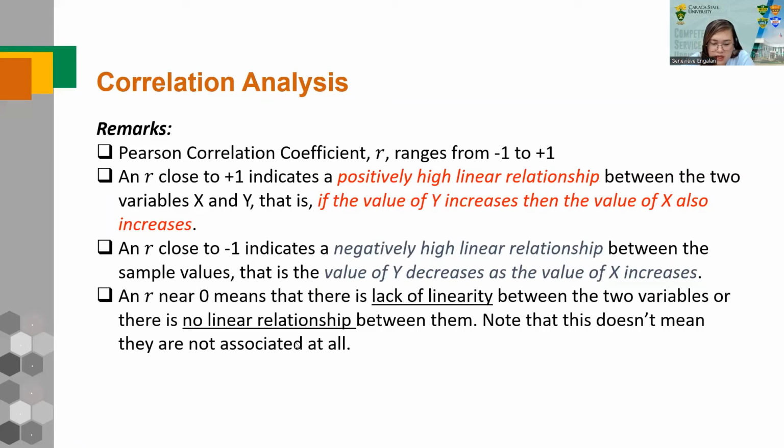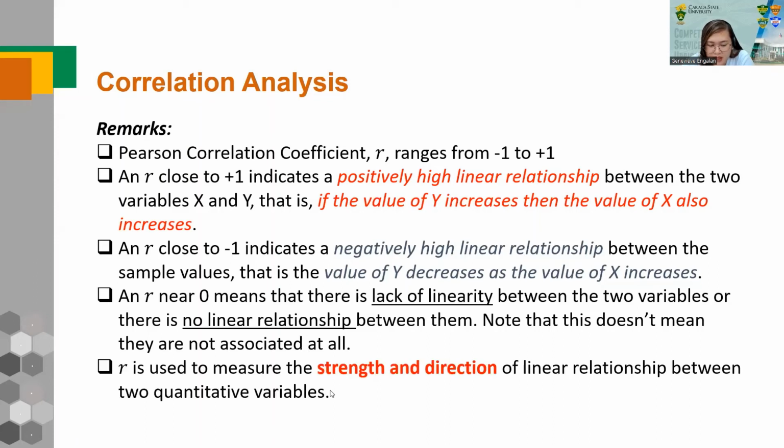So, ang correlation analysis is iyang gi-measure ang strength sa relationship. Linear relationship gihapon niya atong gisgutan diri. So R is used to measure the strength and direction. Nganong direction apil man kay kung ang imuhang R is positive pasabot na ay positive nga relationship or increasing ang iyahang trend or ang iyang relationship is direct.